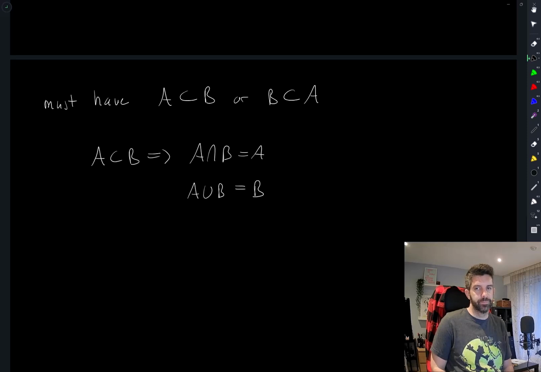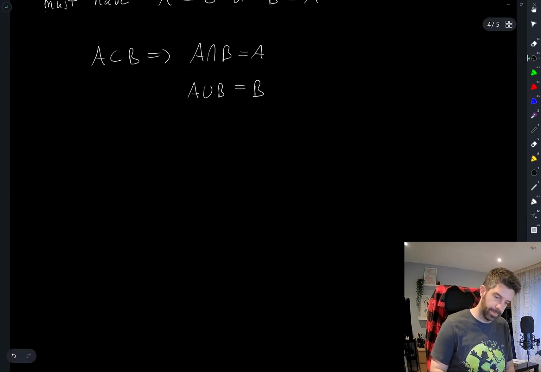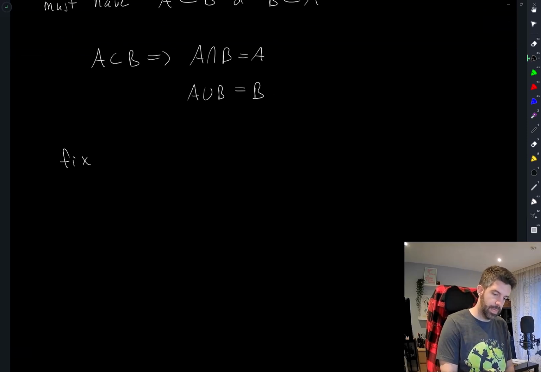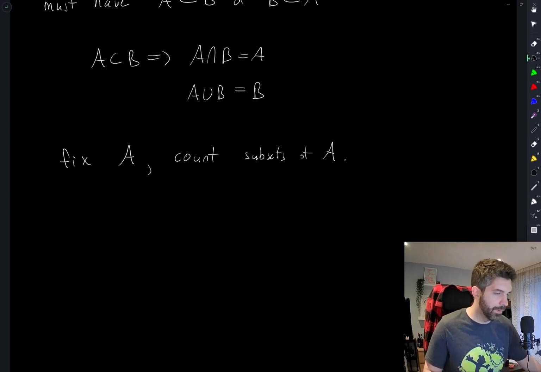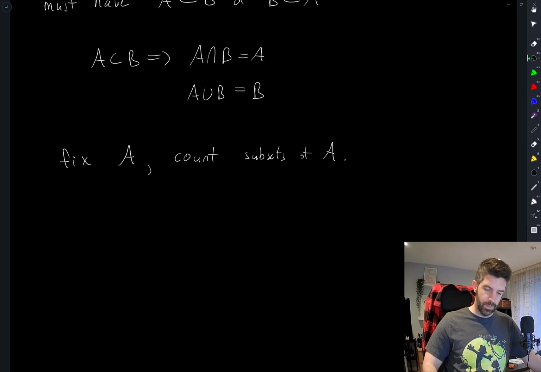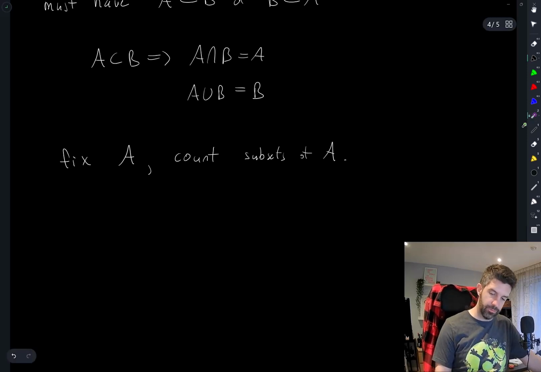So what I need to do then is fix A, count subsets of A, and that will be the total number where B is a subset of A. So for a fixed A, count how many subsets of A there are.